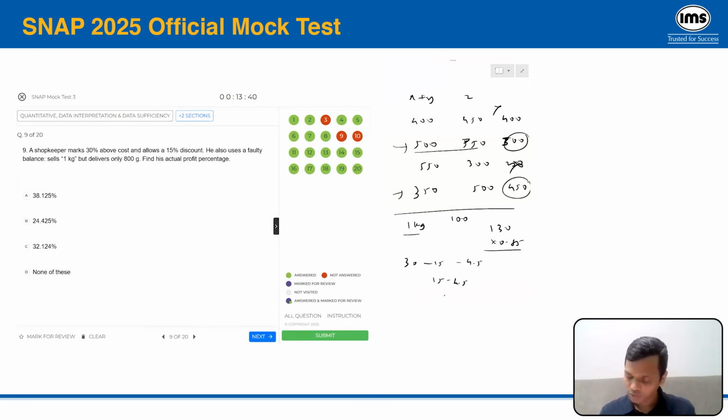So 15 minus 4.5. So this should be 10.5 and 25 in succession. So this plus this into this upon 100. So I have to calculate this 125, 5.025. So 35.5.